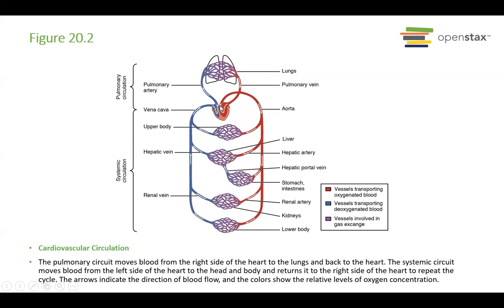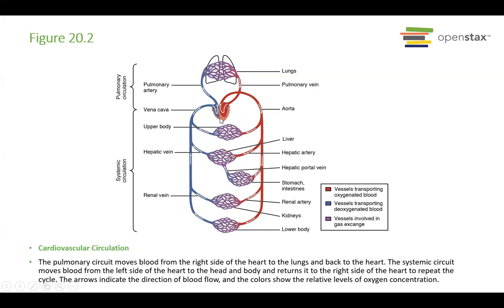So blood is going to flow out of the pulmonary artery and go into the lung. It's going to get perfused, and the oxygen is going to flow away from the lung and enter into the left side of the heart.